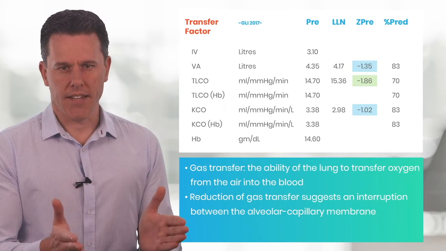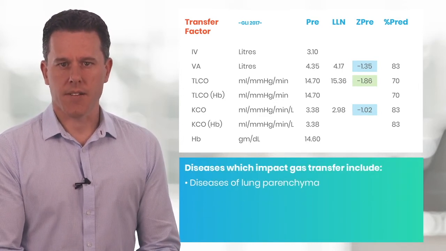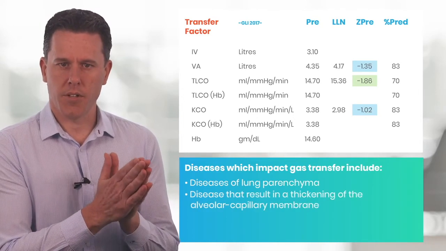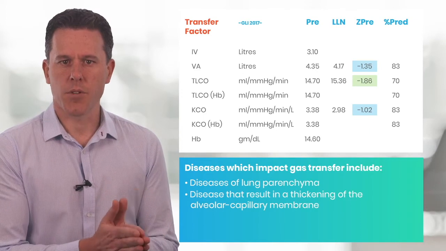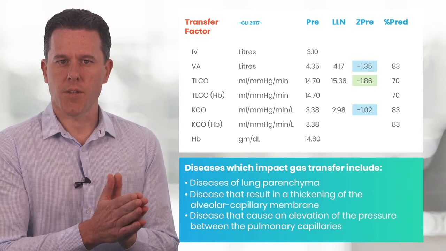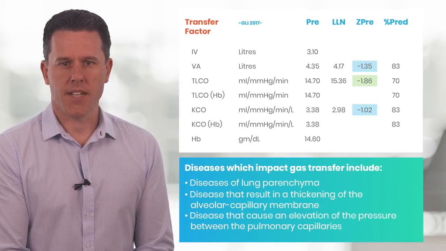So things that could do that are diseases of lung parenchyma, so emphysema, or thickening of the alveolar capillary membrane, such as we find in pulmonary fibrosis, or elevation of the pressure within the pulmonary capillaries, such as pulmonary hypertension.